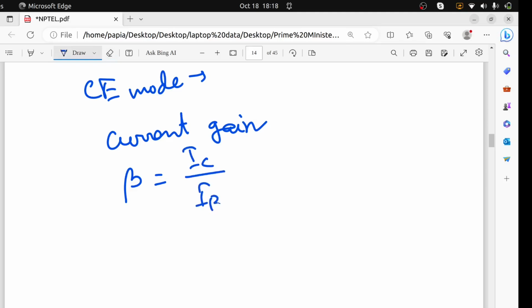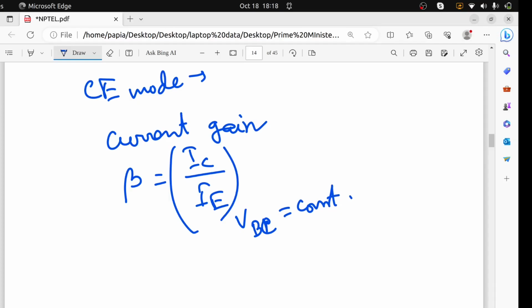The ratio of collector current and emitter current, when there is a condition also, when VBC, that means base to collector voltage, is constant. Okay, so this is nothing but beta.